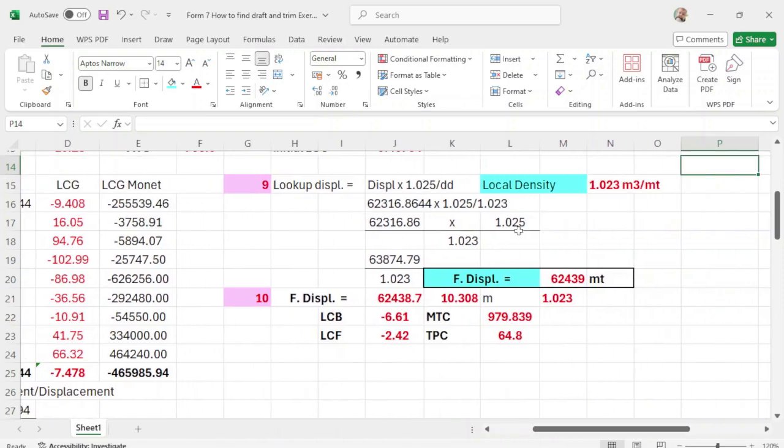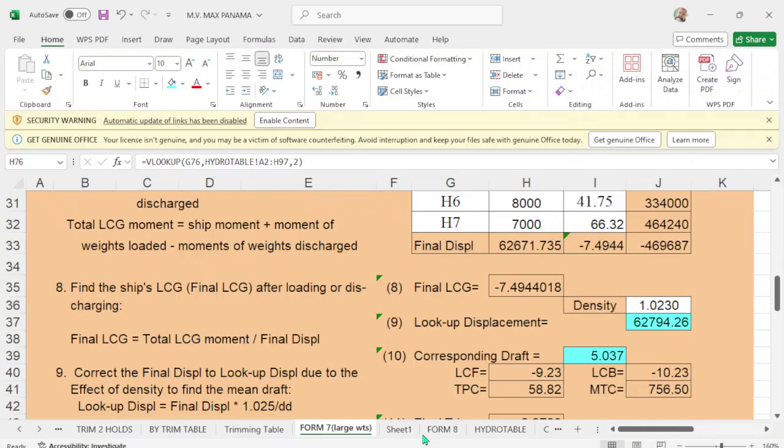Okay, so you have to apply, how much would it be if you are floating in a density of 1.023, which is this one. So when you use the density 1.023 or the local density, what will be the displacement? This final displacement in salt water, if she floats in 1.023, what will be the new displacement?